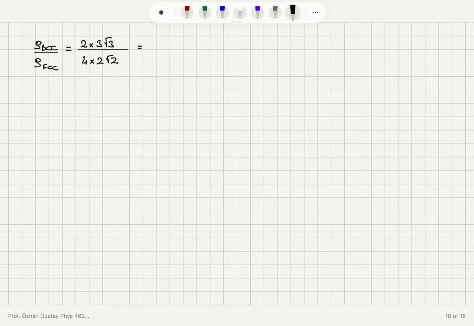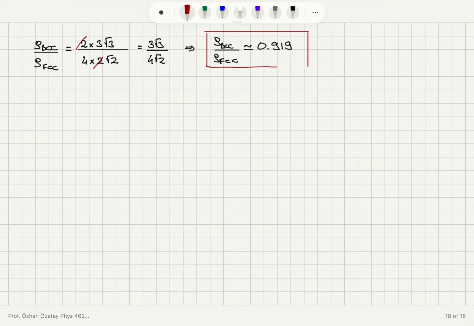So I find this ratio to be, because these 2's cancel, 3√3 divided by 4√2. So if you calculate what this ratio is numerically, rho BCC divided by rho FCC is roughly 0.919. So this is the ratio of the densities.